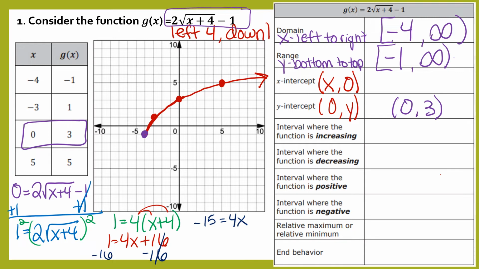And then lastly, we would divide both sides by 4. So x equals, and we're just going to leave that as a fraction, negative 15 over 4. So your x-intercept is (negative 15 over 4, 0).